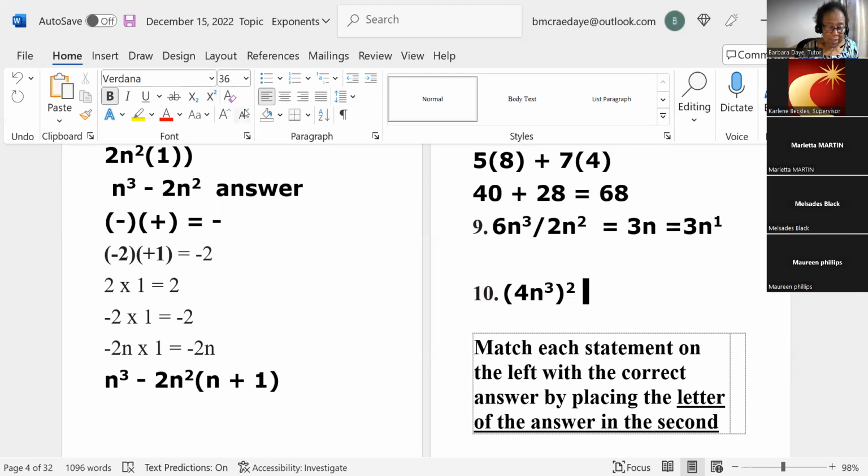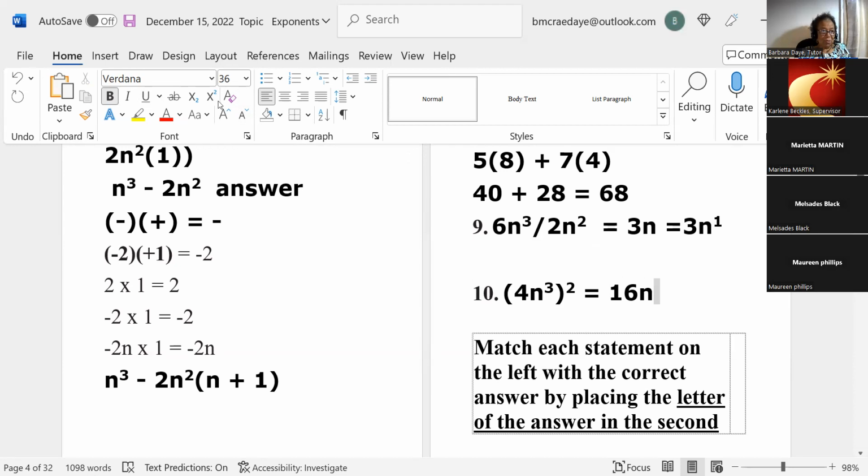What's 4 to the second power? 16. There we go. Now, what's n to the third raised to the second? 6. That's right, you multiply the powers. So you got n to the 6.